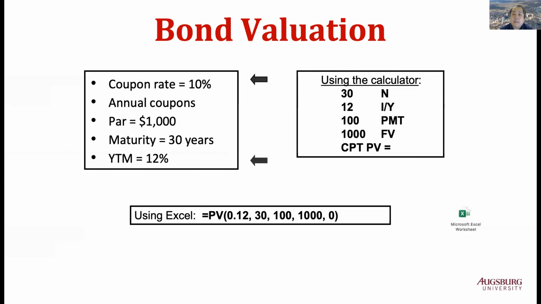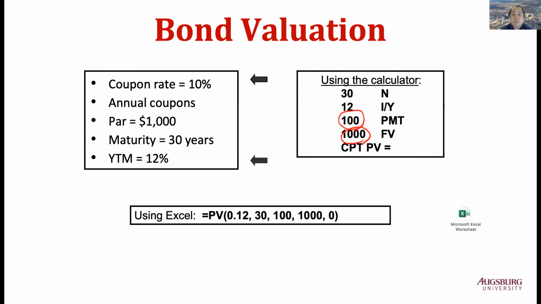Should we always separately calculate these present values? The good news is we can combine these two inputs. When we use the TVM function, the PMT is the coupon payment and the future value is the par value. So we can simply enter the coupon payment 100 PMT, and par value 1,000 future value.